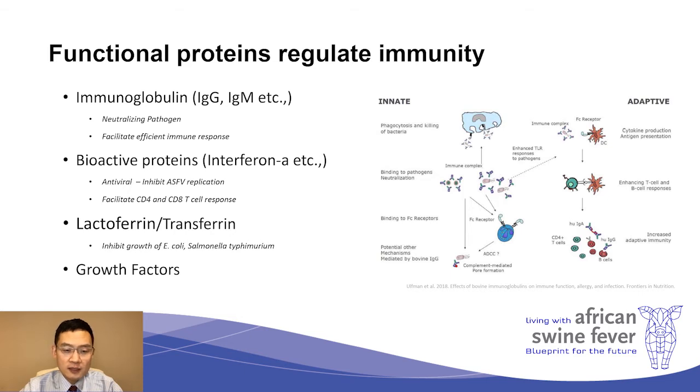It also facilitates specific CD4 and CD8 T cell responses, which are very important for controlling this virus or helping pigs survive it. Also, there are other proteins that can really help with gut health as well. So again, this illustrates that dietary components or ingredients can impact the immunity of a pig.